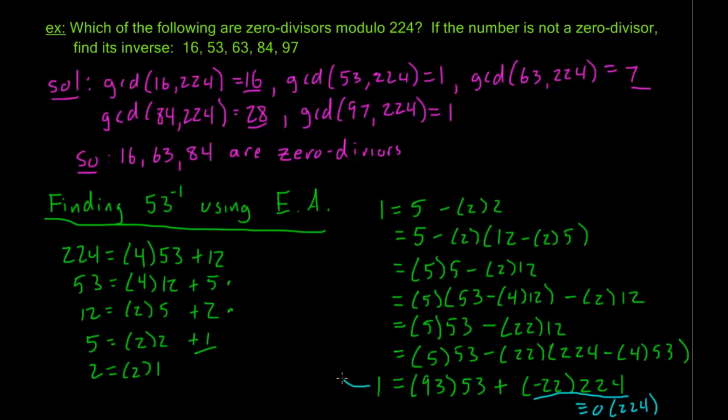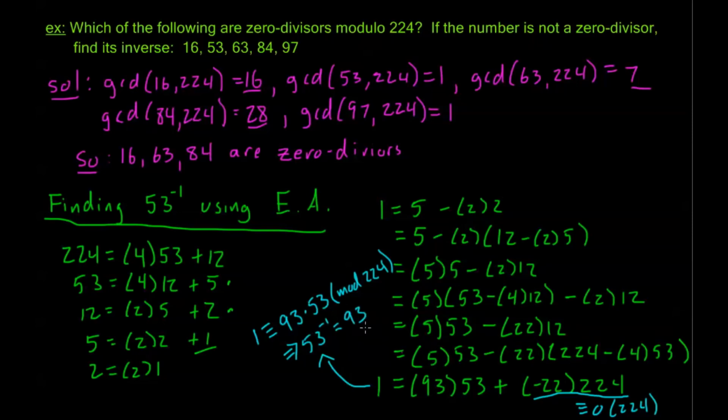So a result from this line right here is if I do a congruence to both sides of this, mod 224, I get that 1 is congruent to 93 times 53 mod 224. So in particular, that implies that 53 inverse equals 93.